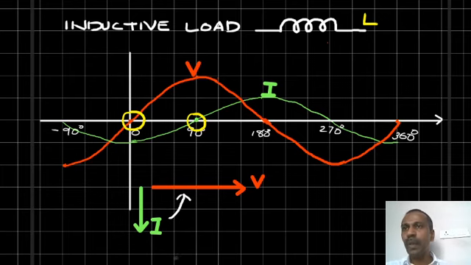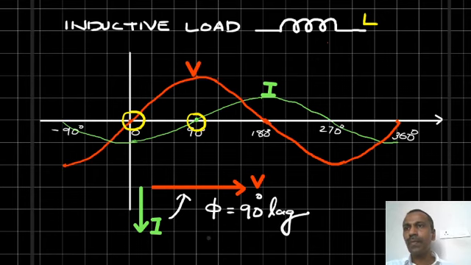So the current is going behind the voltage by 90 degrees. So here phi is equal to 90 degree lagging. As the current lags behind the voltage, you can say phi equals 90 degree lagging. So cos phi is equal to 0 lagging.